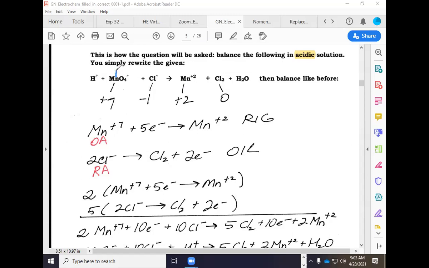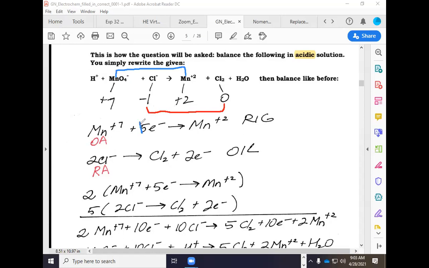So we can see that this changed, and this changed. So we start by writing the manganese is a +7.